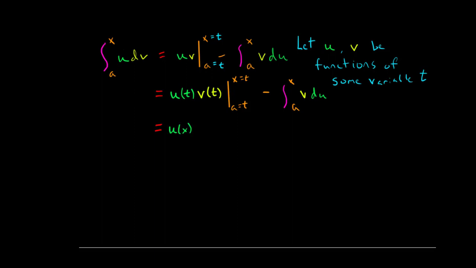So that first term in the expression is going to be u of x v of x minus u of a v of a, all minus the integral from x to a of v du.